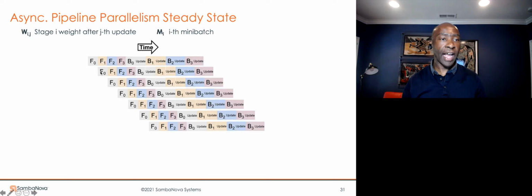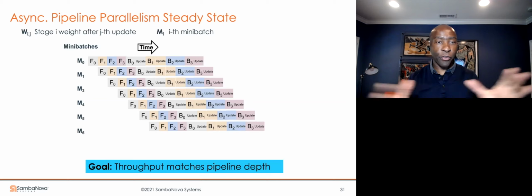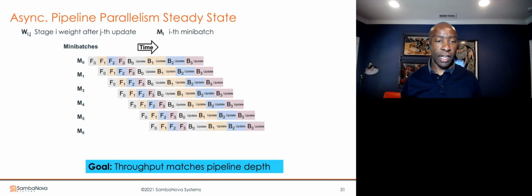And then we start executing a new mini batch immediately, as we finish one step of the previous F0 stage of the previous mini batch, right? And so this is great because now we have our throughput equal that matches the pipeline depth, right?